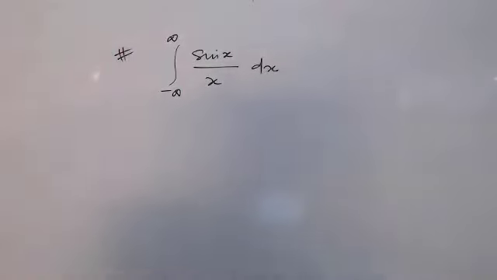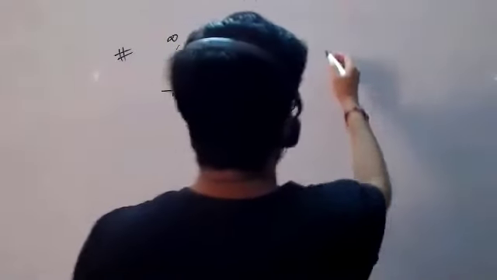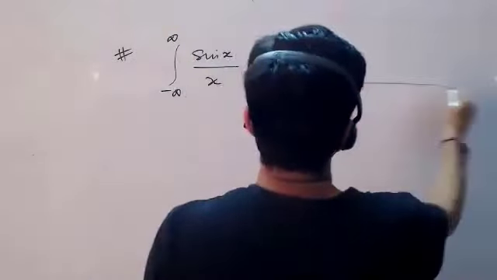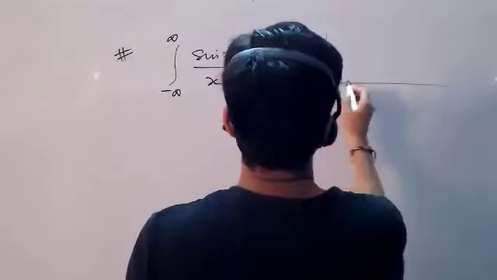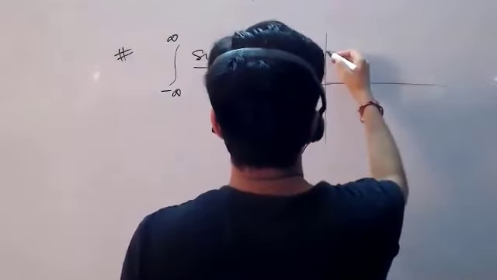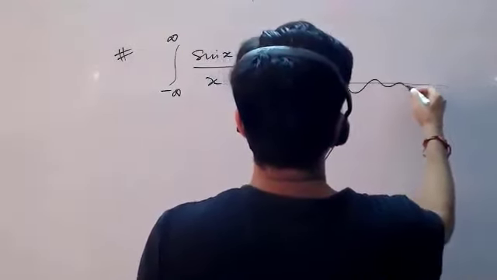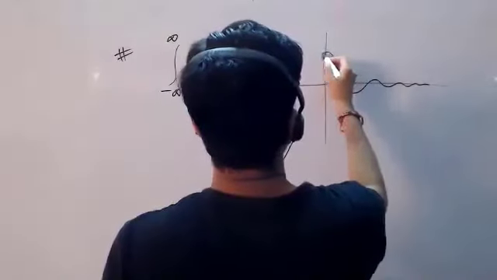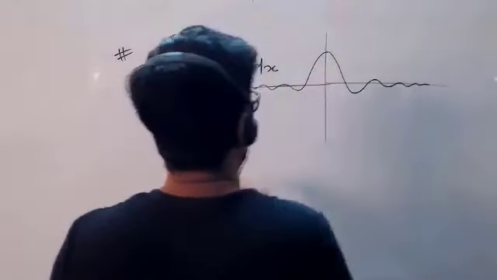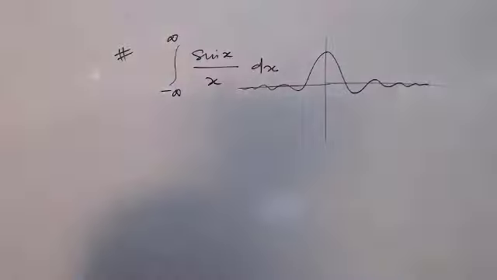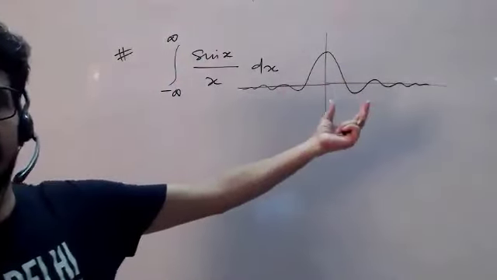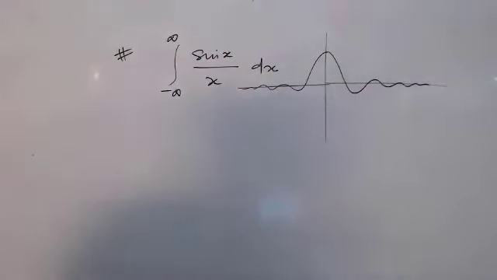Let me show you the meaning of this. If you take a graph like this, the sine x by x graph goes like this. The meaning is we have to calculate the area under the curve.